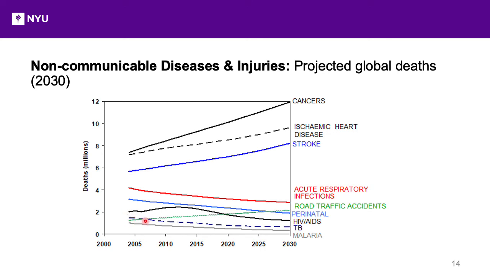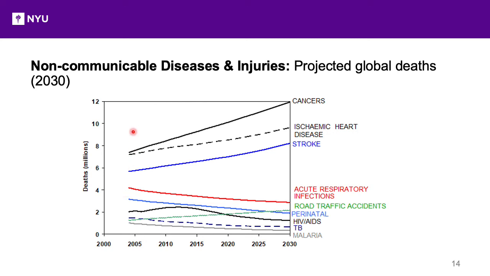Same for TB, which is this dotted curve. Same for malaria, etc. The one exception is, of course, road traffic injuries and other injuries, which is unfortunate. Perinatal diseases are also decreasing.